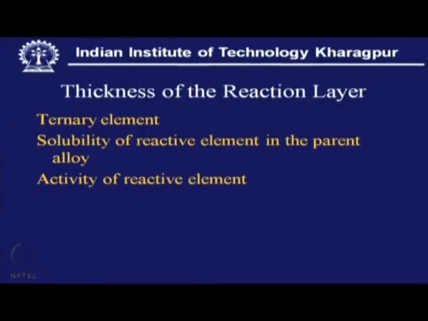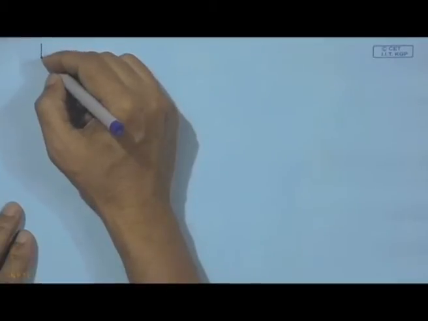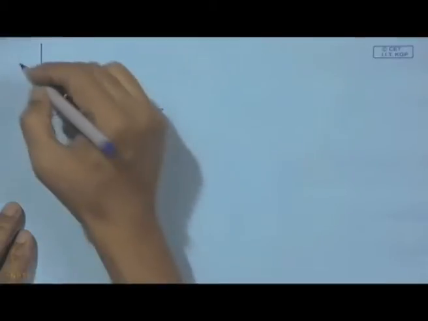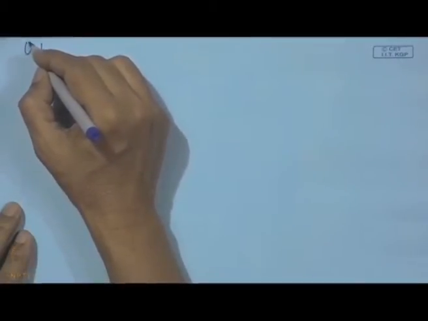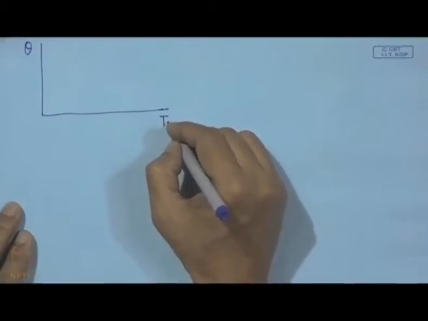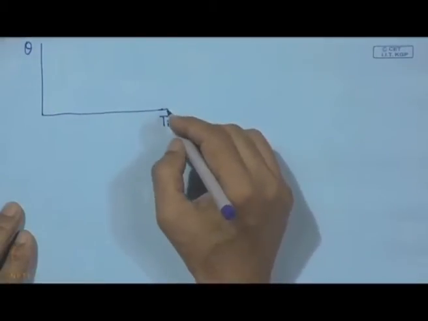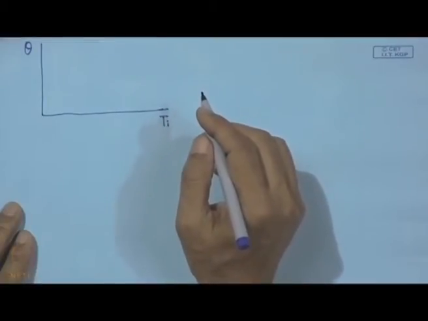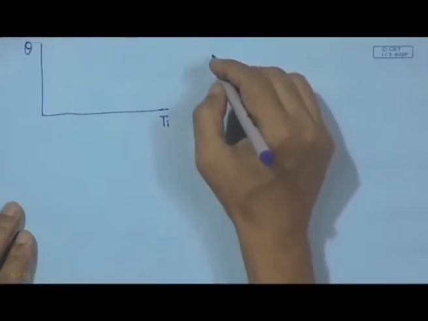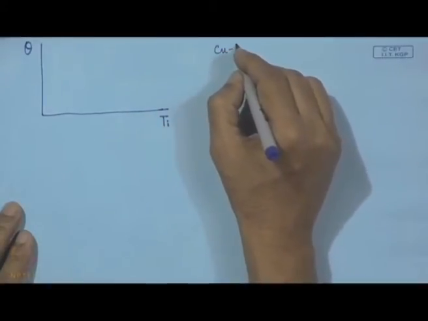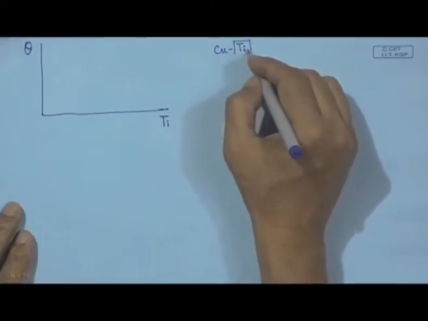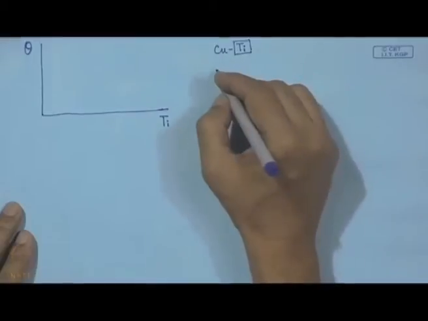If we consider the wetting angle and the amount of titanium which can promote wetting at the same level, we can see that when it is just copper and titanium, we need a high percentage of titanium to promote wetting.